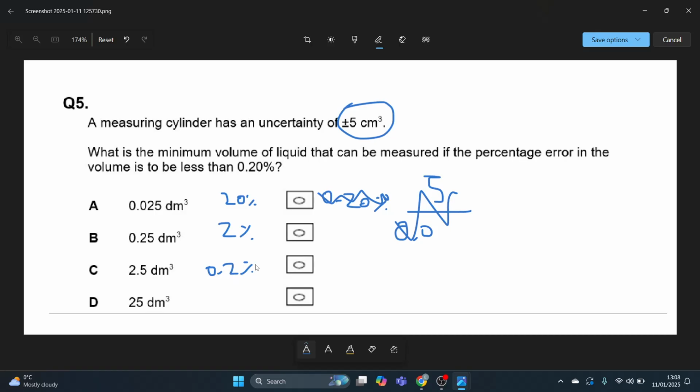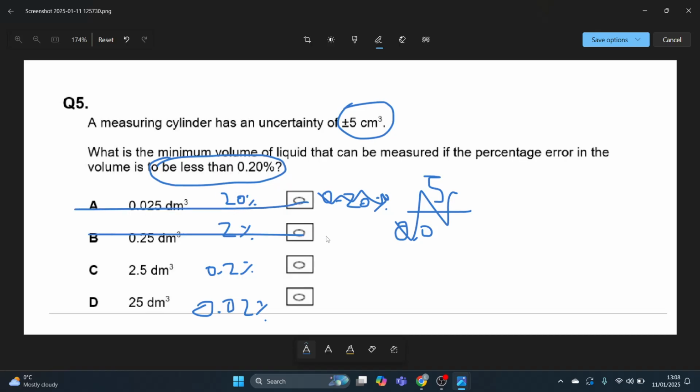And the final one, 5 divided by 25 times by 10 to the power 3 times by 100, is 0.02%. And the reason I don't stop at C is because it says the percentage error is to be less than 0.20%.